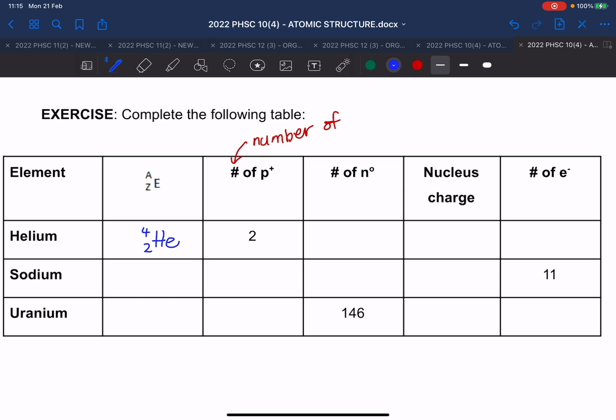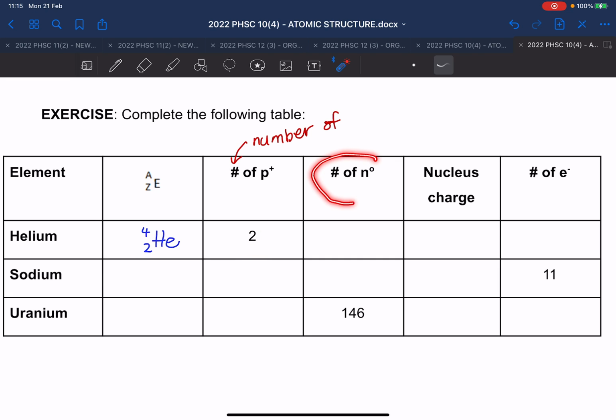You can conclude, you can give an explanation, or you can give a reason, or you can make an assumption. So from here we can assume the following. How many protons does it have? 2. Why? Because the atomic number is 2.